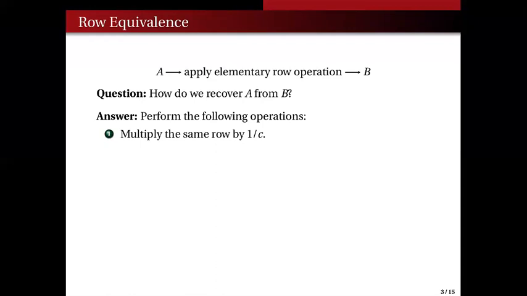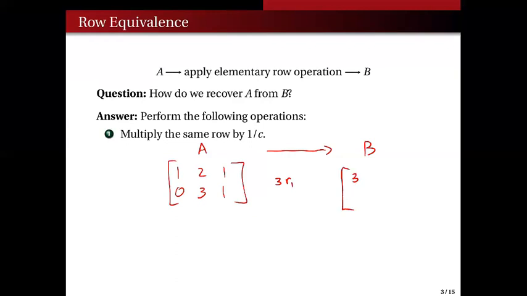You have the matrix 1, 2, 1, 0, 3, 1. This is your matrix A. And here is matrix B. We multiply a non-zero constant to one row, say 3 times row 1. The matrix B will become 3, 6, 3, 0, 3, 1. Correct?